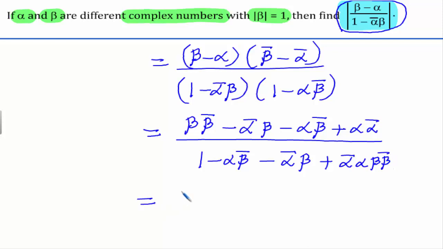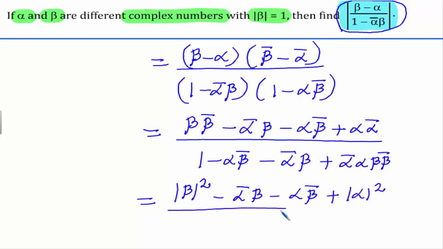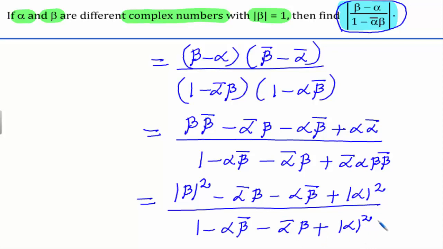This will be equal to modulus of β whole square − α conjugate β − α β conjugate + modulus of α whole square. And in the denominator we have 1 − α β conjugate − α conjugate β + modulus of α square multiplied by modulus of β square.